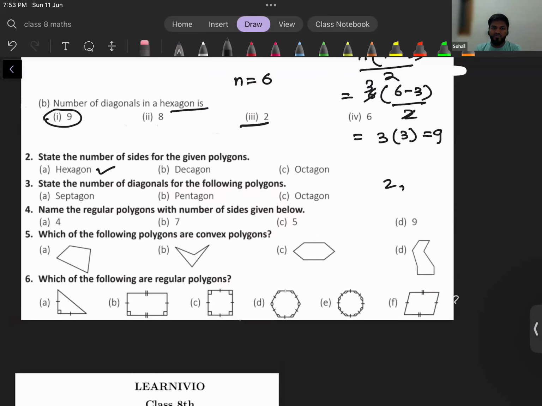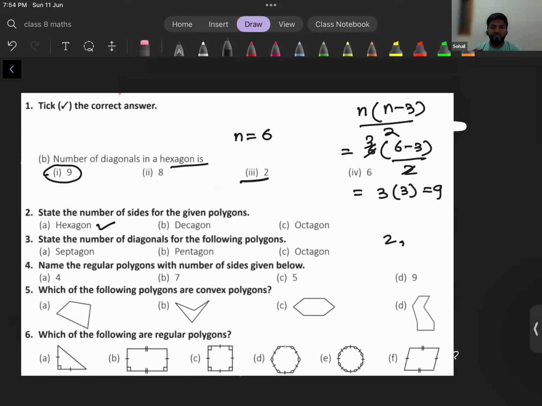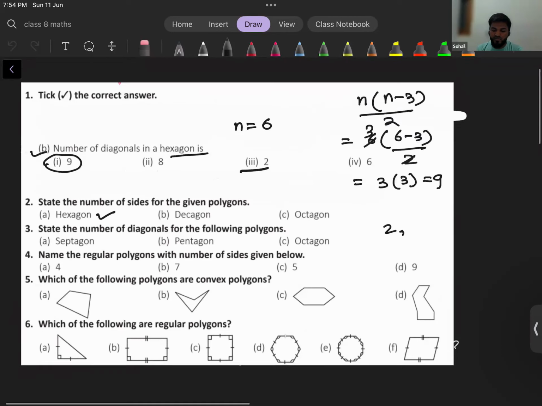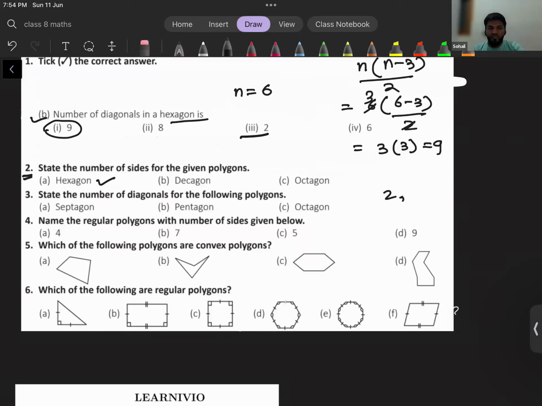No, Arhan, that's not possible. Look, diagonals, we know we basically connect the non-consecutive vertices. Arhan, you're talking about question number 2 here, no? Okay, I got your answer in the chat box.